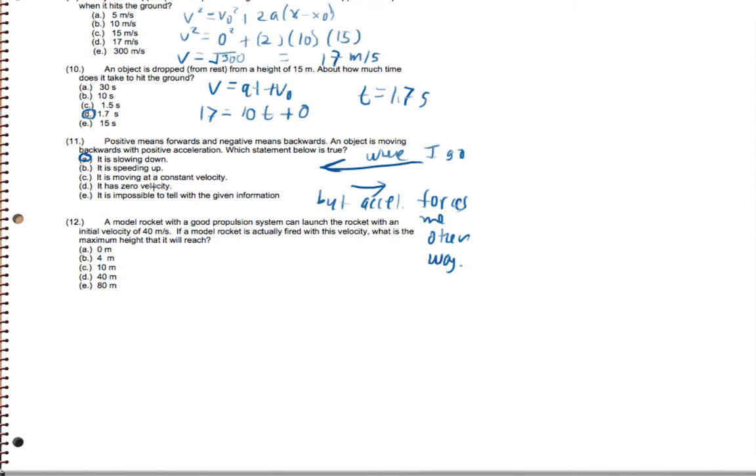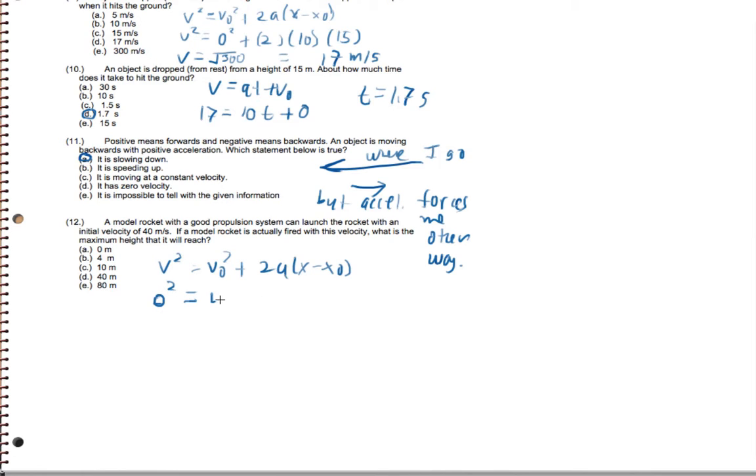And then for number 12, a model rocket with good propulsion can launch with an initial velocity of 40 meters per second. If we fire it with that speed, what's the maximum height it'll reach? So it reaches that speed, and then we're going to say the engines turn off. We don't have time, so I'm going to use the kinematics formula that doesn't have time in it. I know that my final speed is 0.